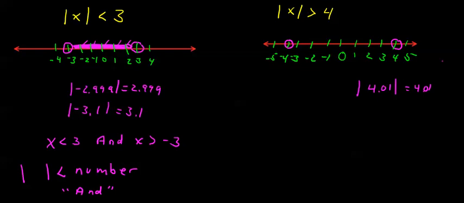Definitely greater than 4. Absolute value of 5. Absolute value of 1,000,000. Any number greater than works.